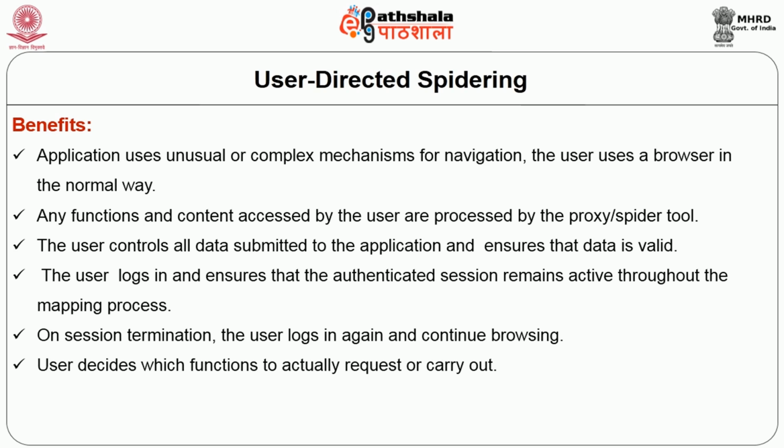If any action results in termination of a session, the user can log in again and continue browsing. Any dangerous functionality such as deleting a user is fully enumerated and incorporated into the proxy sitemap, because links to it will be parsed out of the application's response, but the user can use discretion in deciding which functions to actually request or carry out.